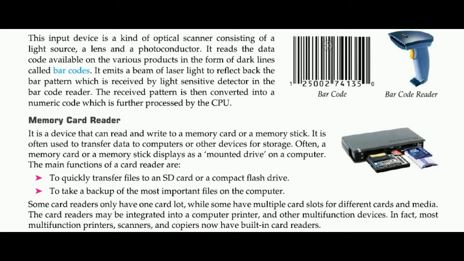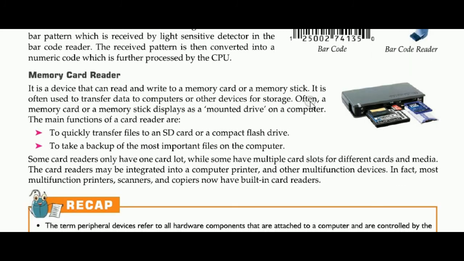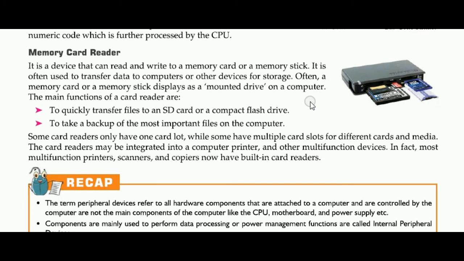The received pattern is then converted into a numeric code which is further processed by the CPU. You have also seen the barcode reader in shopping malls and many other places.